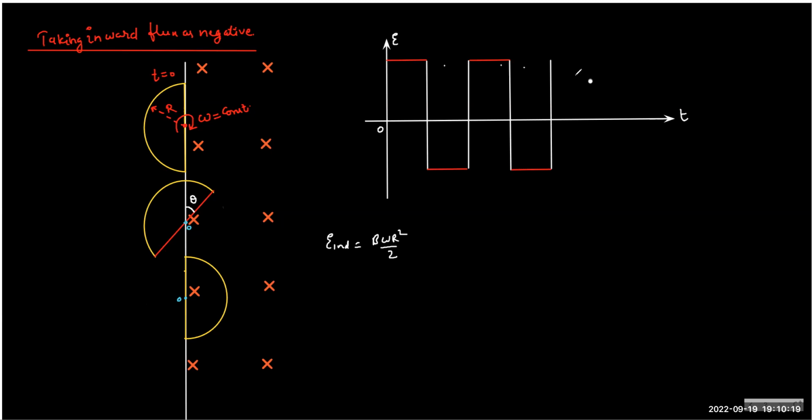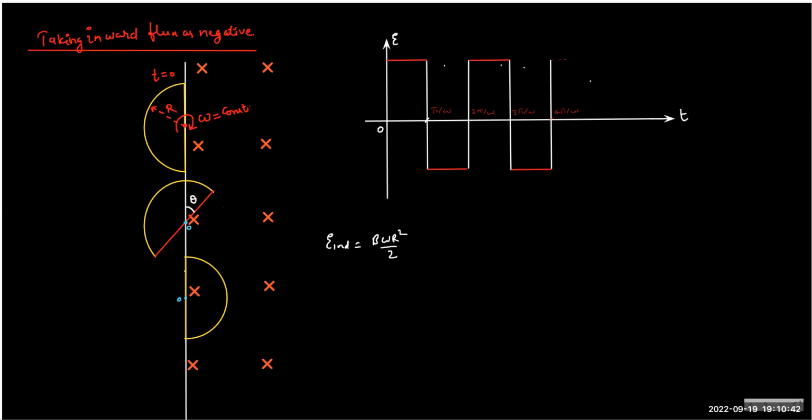And it will continue like this. So for every pi by omega interval, we can define pi by omega, 2 pi by omega, 3 pi by omega, and so on. Okay, like this. I hope this is clear.